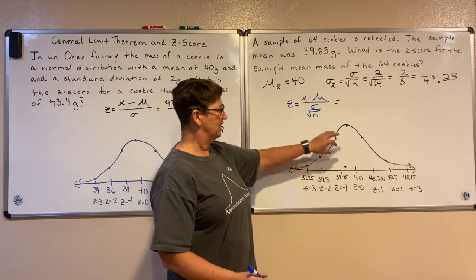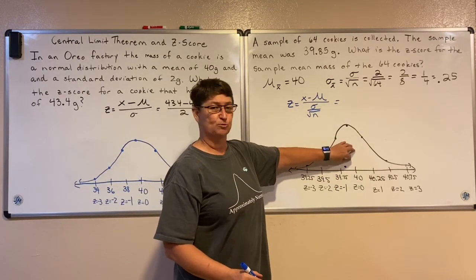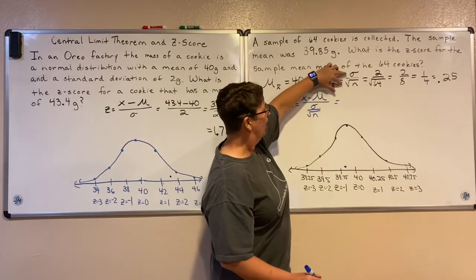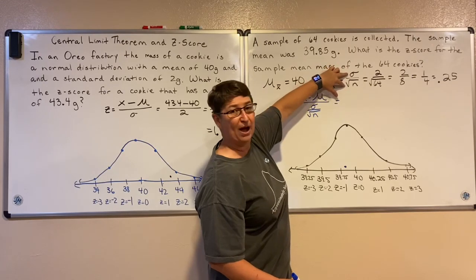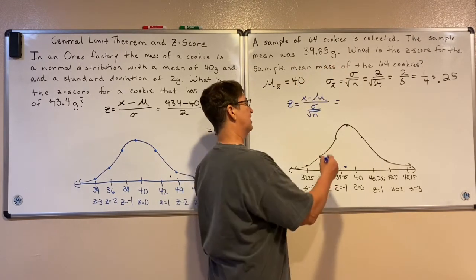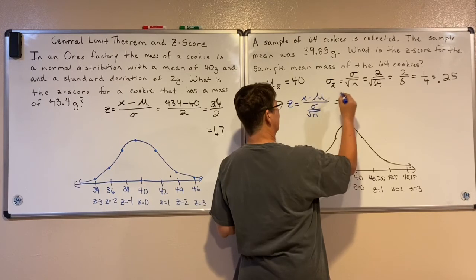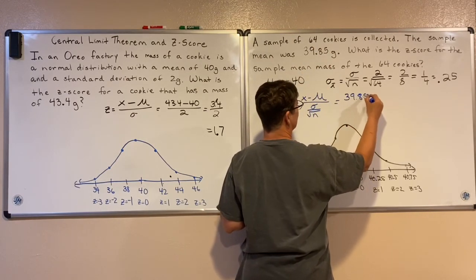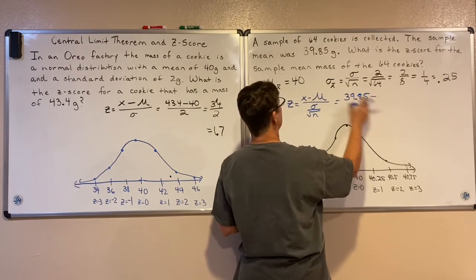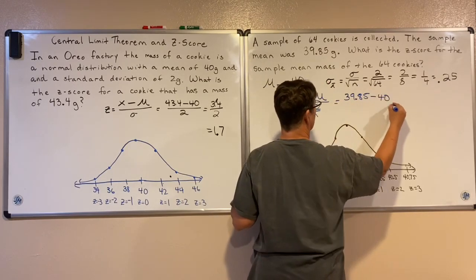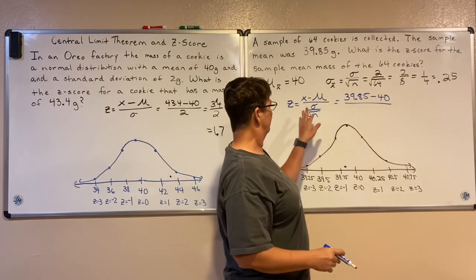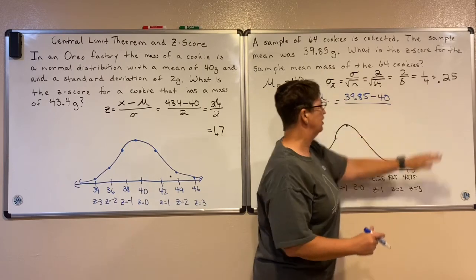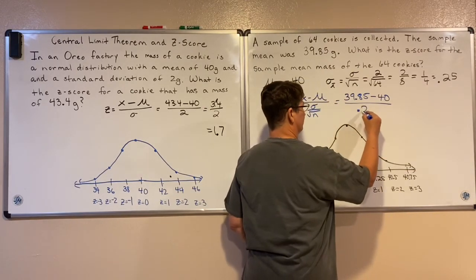Because I'm dealing with a sampling distribution, I had to do the standard deviation divided by the square root of its sample size. So here I'm going to fill in. I have 39.85 as my data value. My mean was 40. And once I did this little formula, I found that my standard deviation was 25 hundredths.